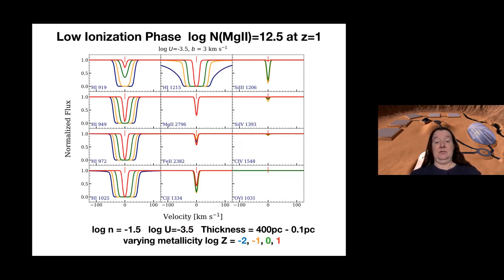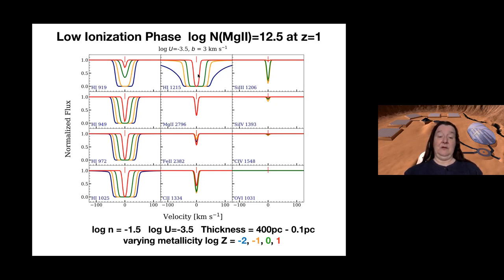Here is a plot that I think brings home the idea that we really can constrain metallicity. At least we can always place a lower limit on what the metallicity has to be. Because here we are holding the density fixed and varying the metallicity from -2, where you see tons of hydrogen necessary to produce the optimized Mg2 profile, increasing to -1, 0, and 1.